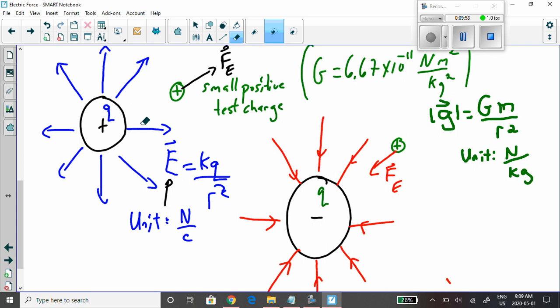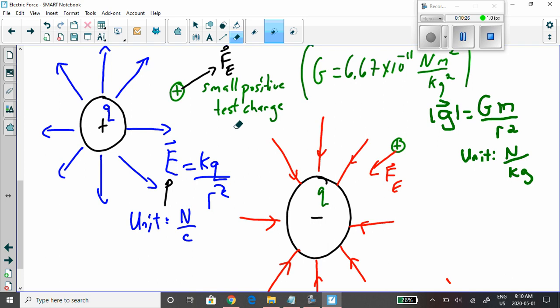And to find out the strength and the direction of that field, we would put a test charge here, just like you would put a test mass around a massive object to see if there was a gravitational field. The only problem here is when you're putting a test charge there, you have to decide, am I going to put a small positive test charge there, or am I going to put a small negative test charge there?